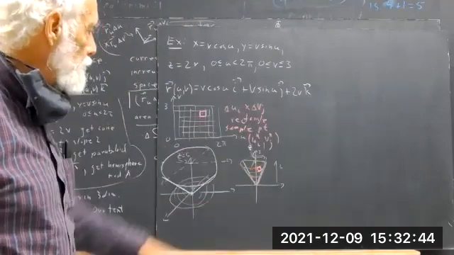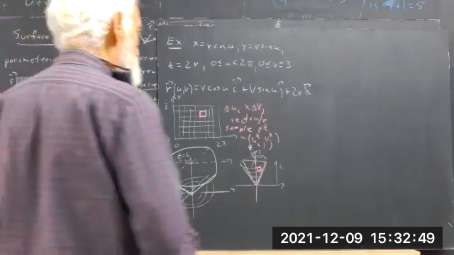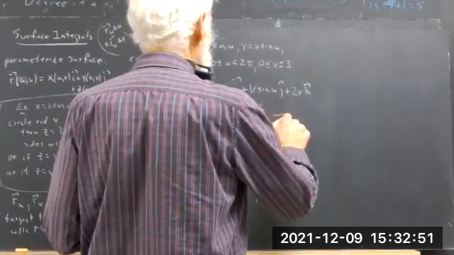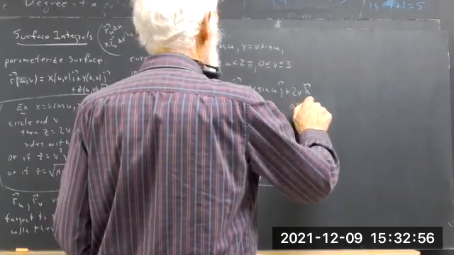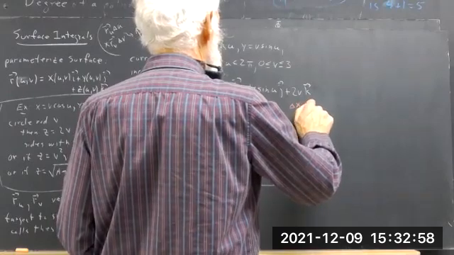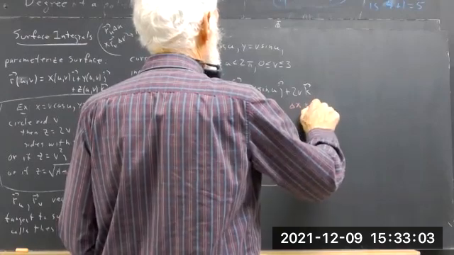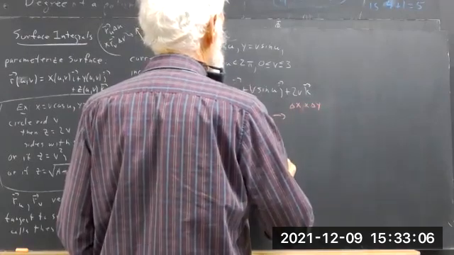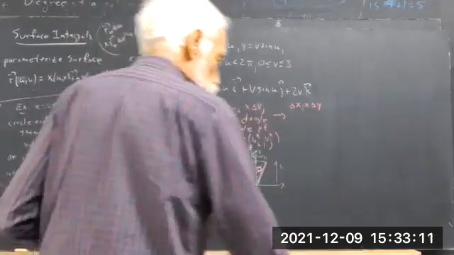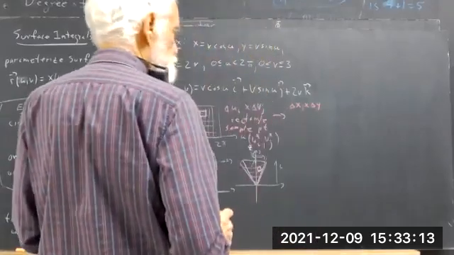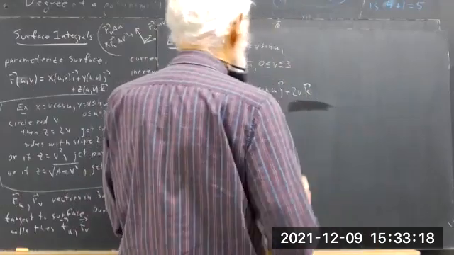Now, this part of the surface is going to have what dimensions? This maps to a delta X by delta Y. I'll try to make that a little clearer.